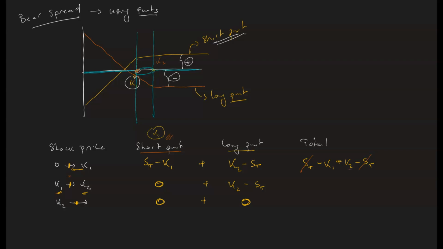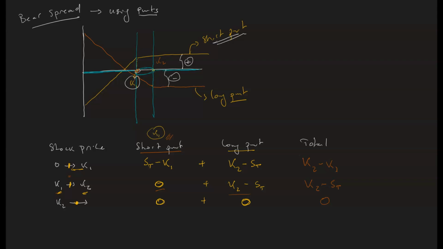What we are left with is K2 minus K1. So we can delete this and write back strike price 2 minus strike price 1. Now, here's 0 plus strike price 2 minus stock price, which is going to be K2 minus stock price ST. And then the outcome for the last scenario is always going to be equal to 0.